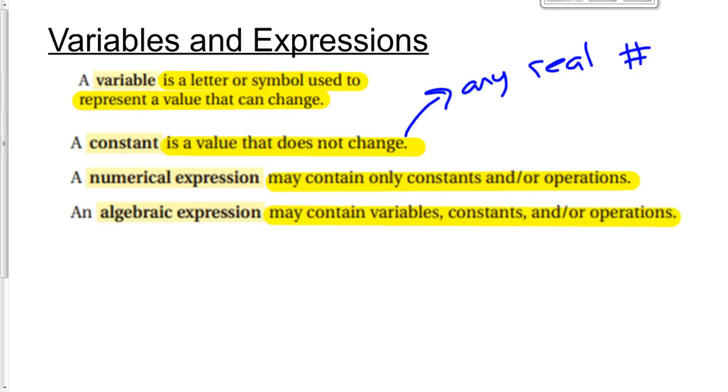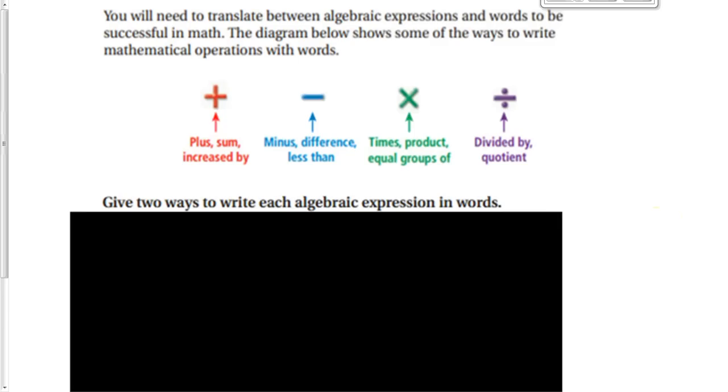Okay, so a couple examples here. Sometimes it's necessary to look at an algebraic expression and translate it into words, and vice versa. All right, so we've got our four main operations of arithmetic: addition, subtraction, multiplication, division, and all the different words that go along with that typically.